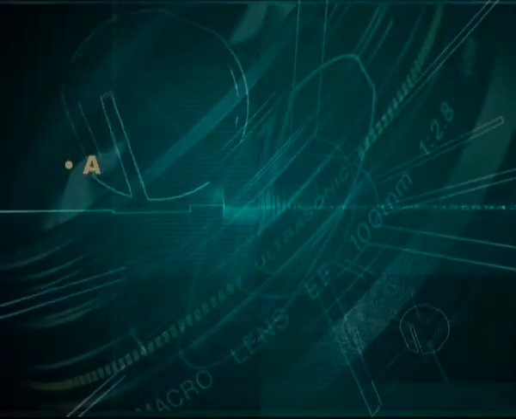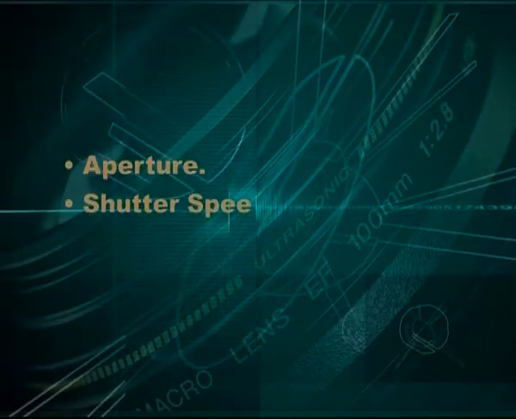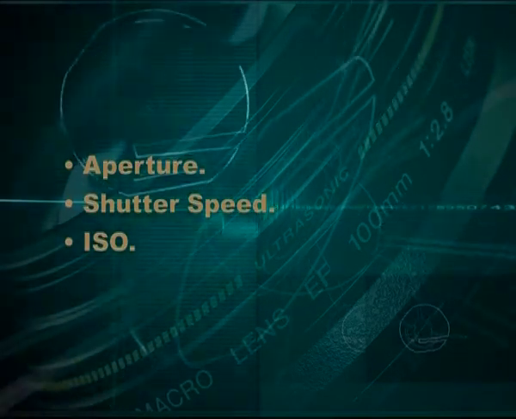The three most important words in the vocabulary of photographers are aperture, shutter speed, and ISO number. These decide the amount of light that will go into making an image and how well that image will form on the digital sensor.